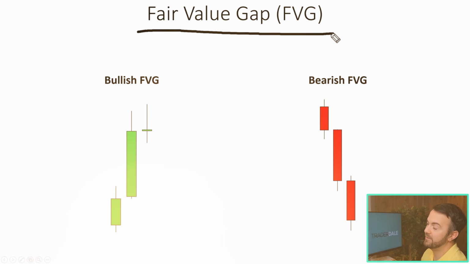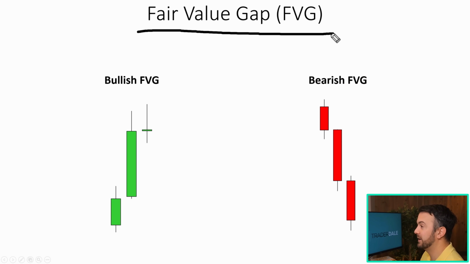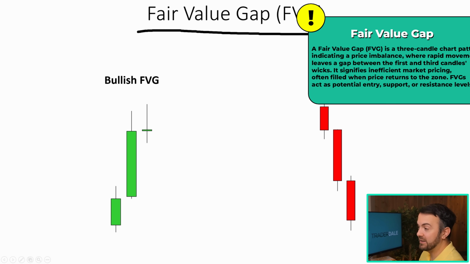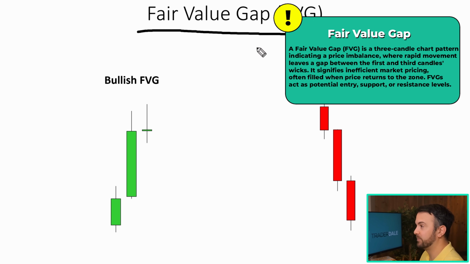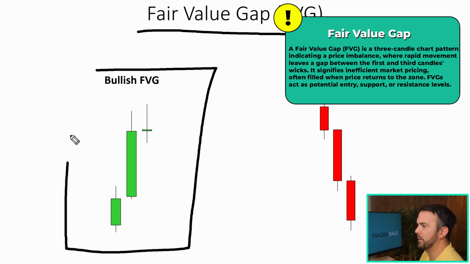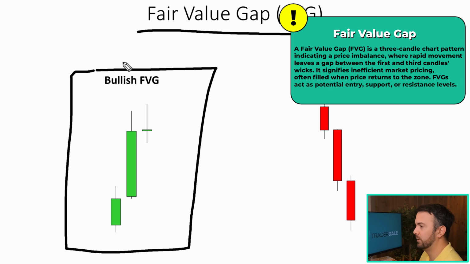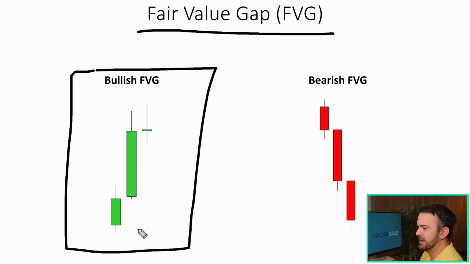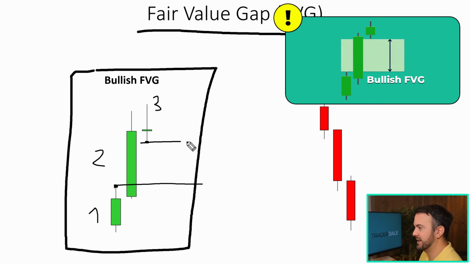Let's get to it. Fair value gap is a concept from smart money trading, and essentially it is a formation of three candles. Here is how a bullish fair value gap looks. As you can see, it is a formation of three candles, 1, 2, 3. And there needs to be a gap between the high of the first candle and the low of the third candle.